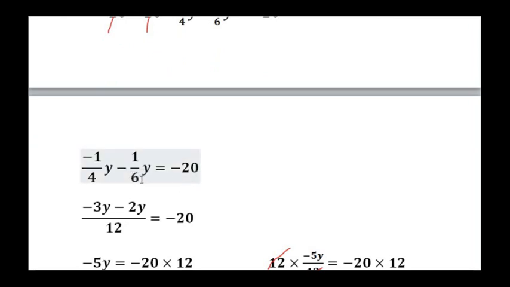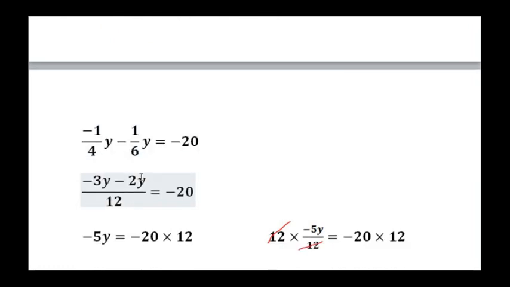It's time to take the LCM of the fractions -1/4 y and -1/6 y. The LCM of 4 and 6 is 12. You can also find their LCM by making the denominators the same, but I want to share this method with you guys. In this method, I'll find the LCM of 4 and 6, which is 12.